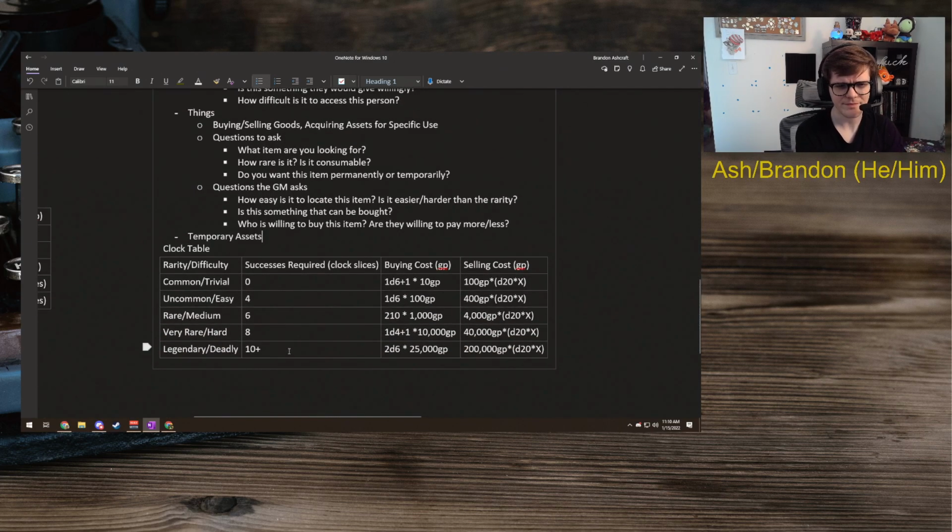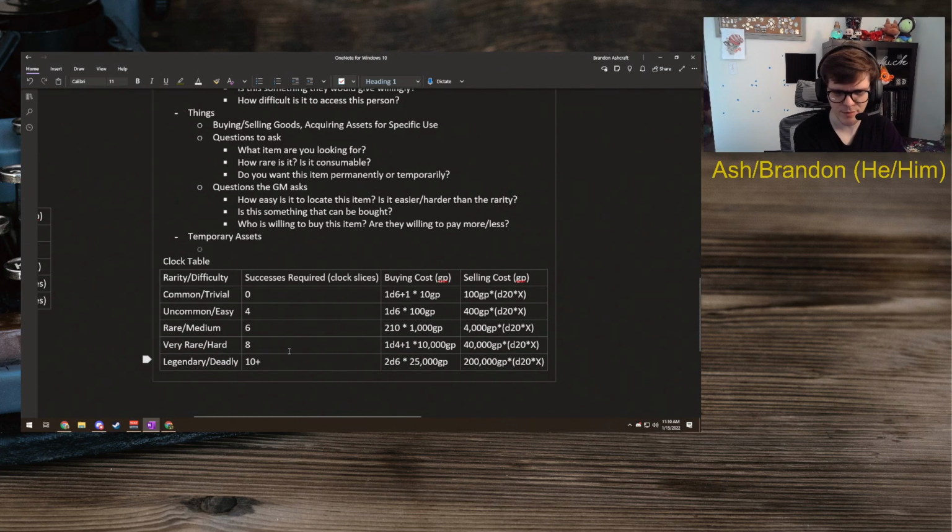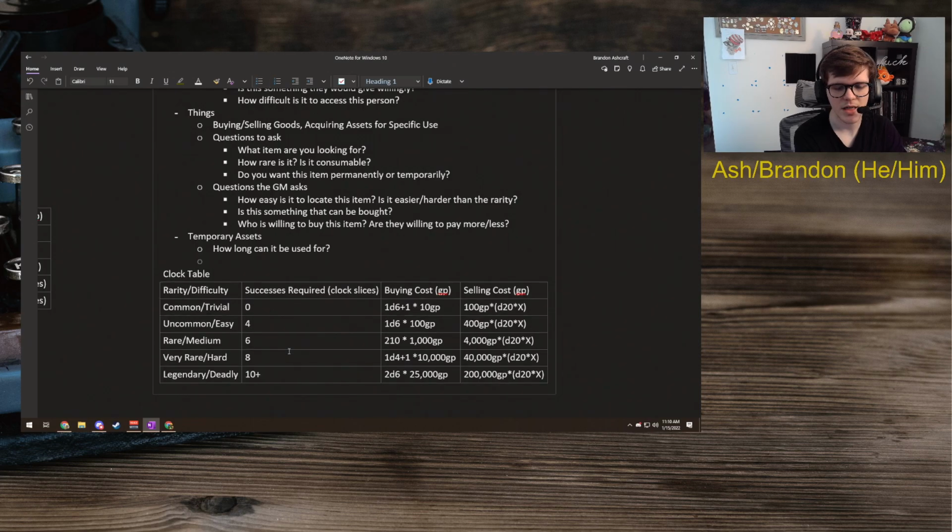I'm currently waiting on a sneeze. So if an asset is temporary, how long can it be used for?